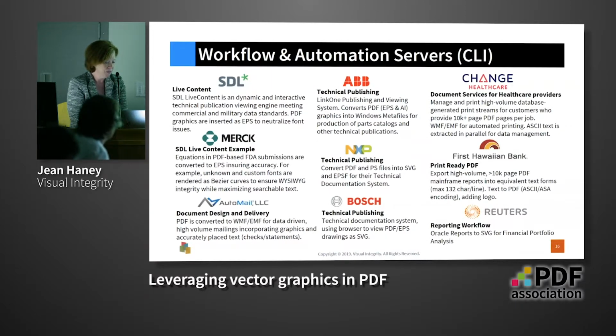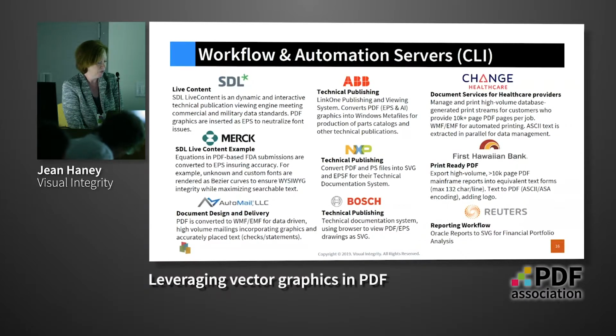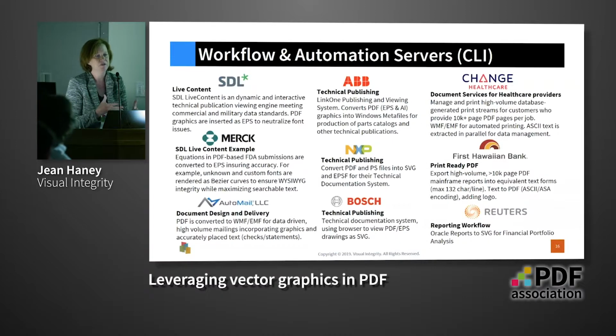And Bosch does something similar, going from PDF to EPS and SVG. A lot of companies are interested in going from the graphics in PDF to SVG because of the web. That's the HTML standard vector graphic, and they're trying to get their systems to be more browser-based.